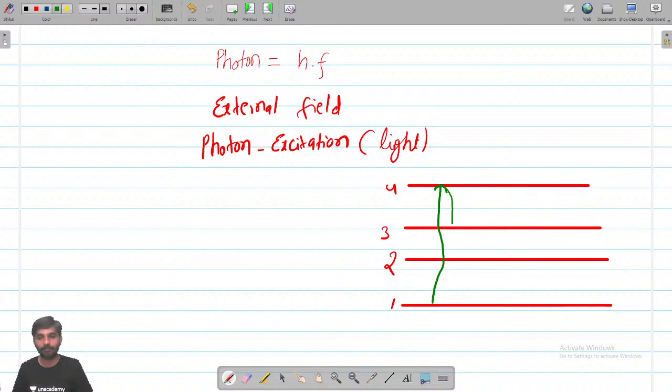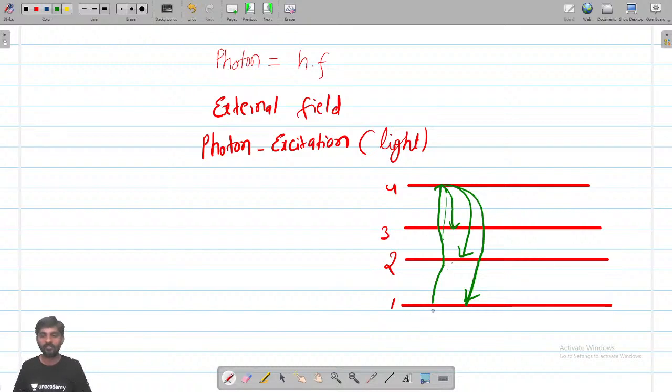The electron may jump to the third state, or it may jump to the second state. It may directly go to the first state. If it is jumping from the fourth state to the third state, and then third to 2, 2 to 1, so different photons will be generated.